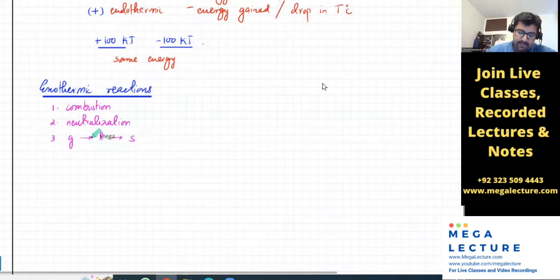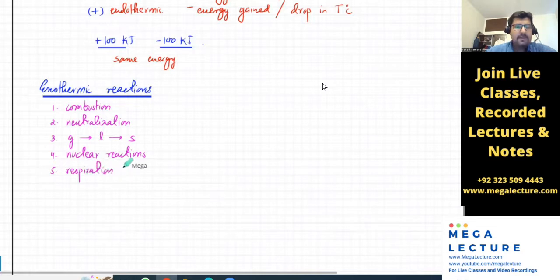Number 4, you've got nuclear reactions that produce a lot of energy. There are other exothermic reactions too. Respiration is exothermic. That's how your body produces energy. So you must know some reactions and their signs.